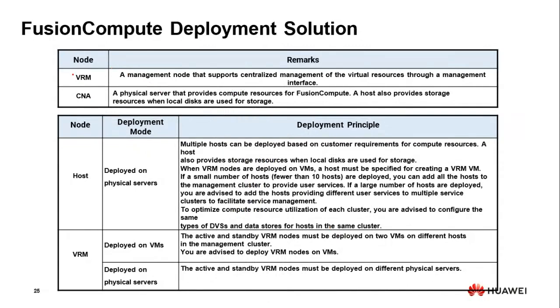So this gives more explanation about the host and the VRM. The host is deployed on the servers, while the VRM is deployed on VMs or physical servers. This one we already know based on what they explained in the previous chapter. And then this is the deployment principles.